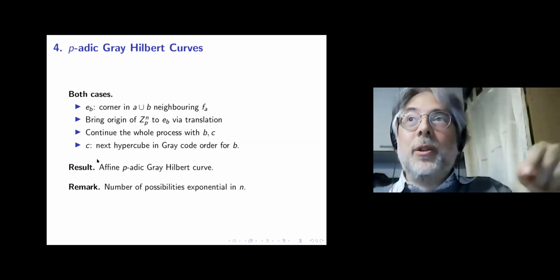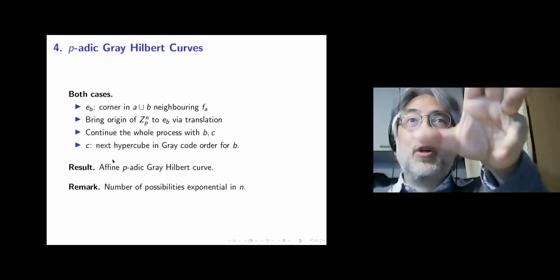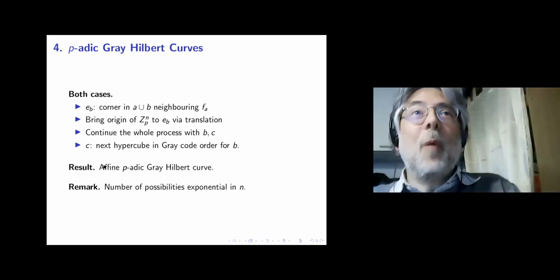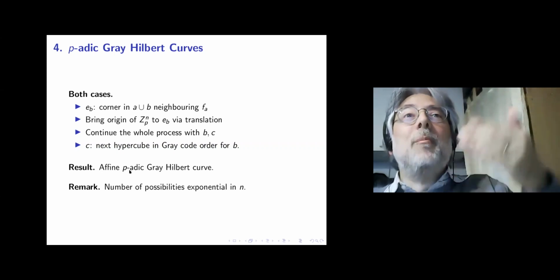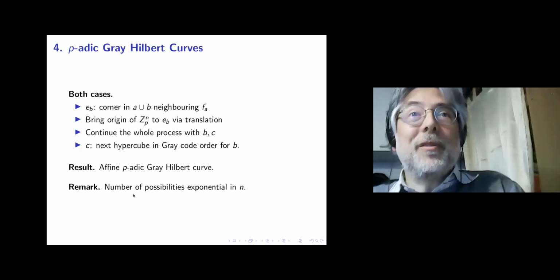In this way, you can guarantee that you always glue them together, and then you obtain a Hilbert curve. I mean, the next iteration of an affine p-Adic Gray Hilbert curve.